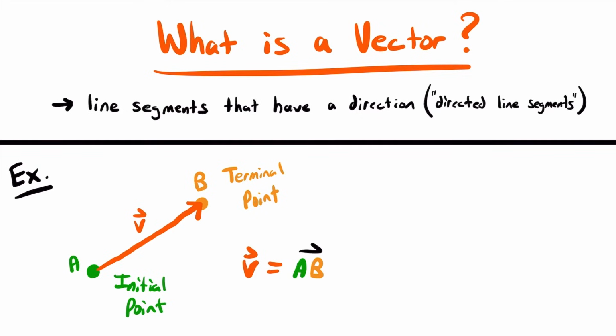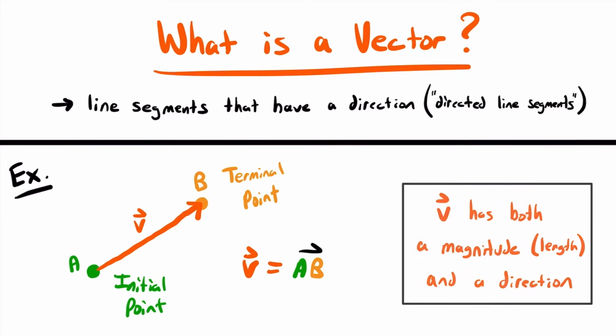We'll work with angles and vectors in a later lesson. But for now, what you should know is that vectors like vector V have both a magnitude, which is their length, and a direction. Okay, so those are the very basics of what vectors are and what they look like.